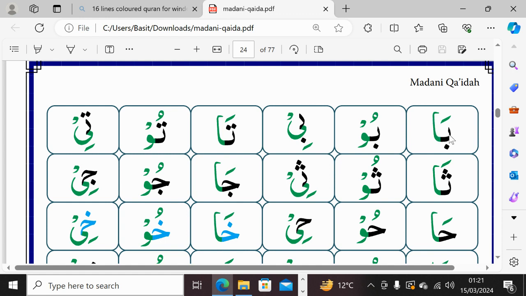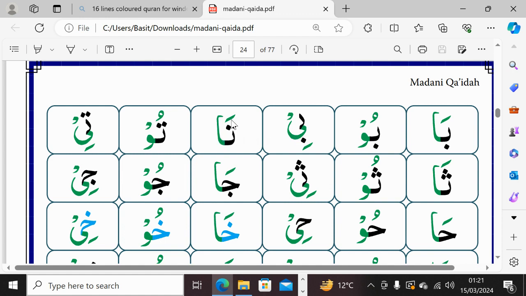Ba, alif, zabar, ba. Ba, waw, pesh, bu. Ba, ya, zer, bi. Ba, bu, bi.